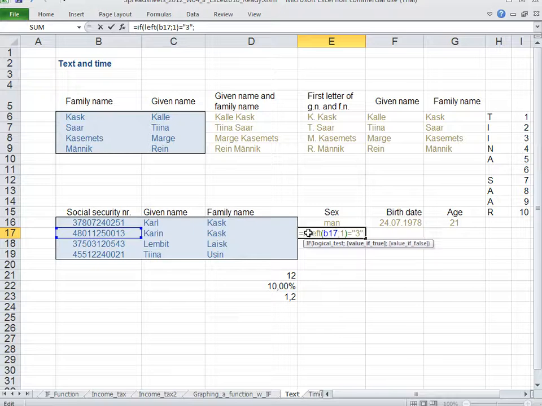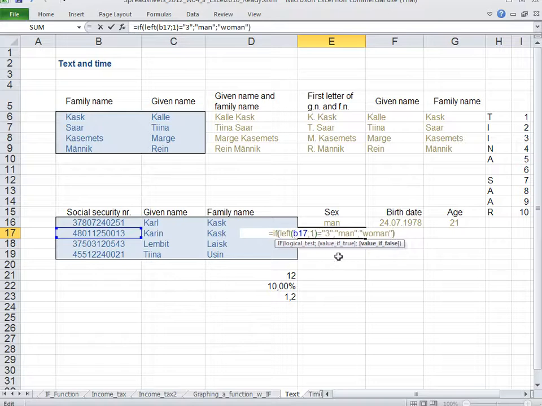Semicolon. And now, if this if condition pans out, we're going to write quotation marks man, and the third part of the if, remembering from last week, is what happens if it doesn't pan out: quotation marks woman.